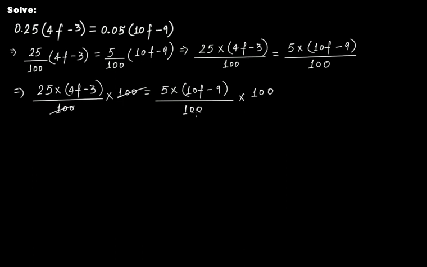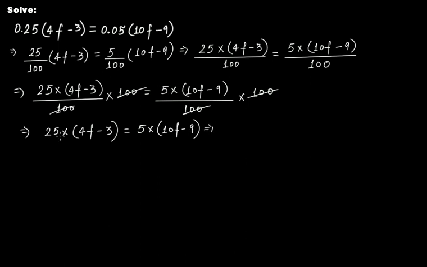So you get 25 times 4f minus 3 is equal to 5 times 10f minus 9.